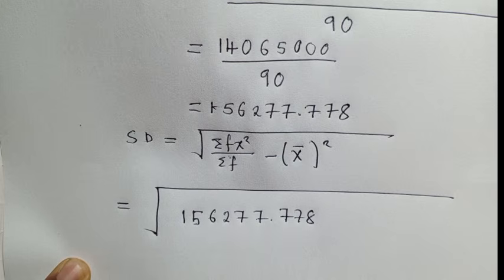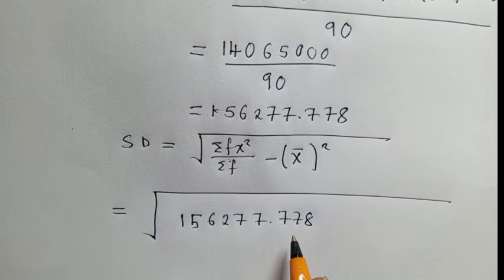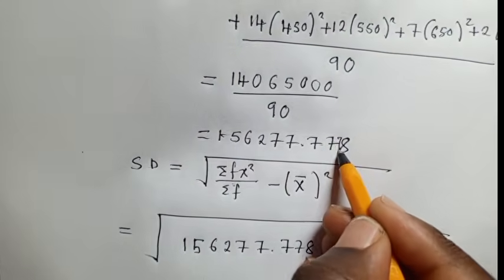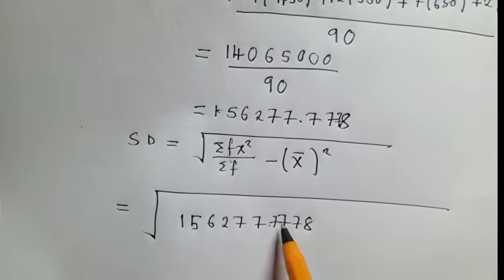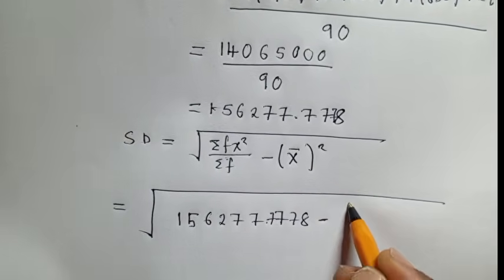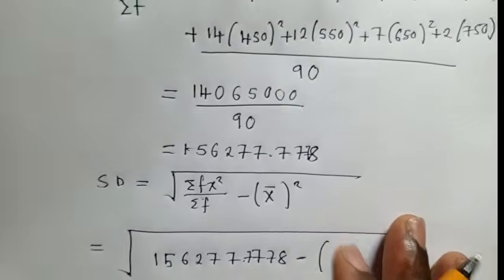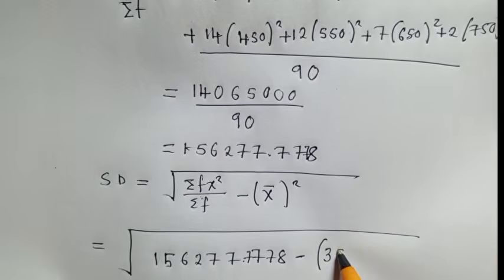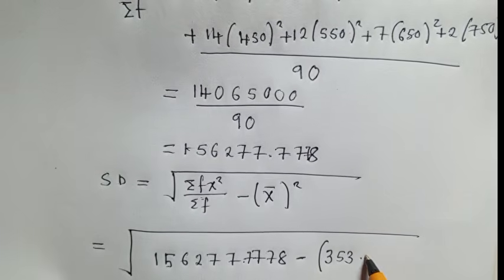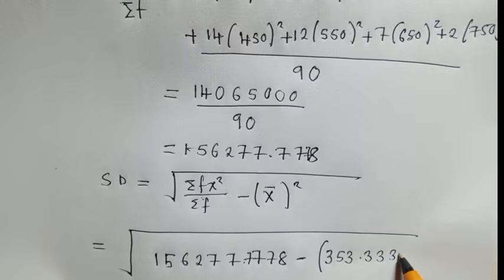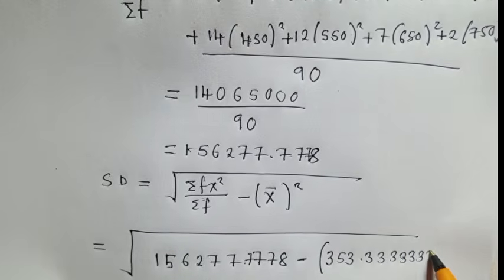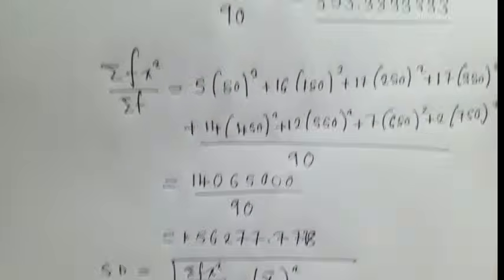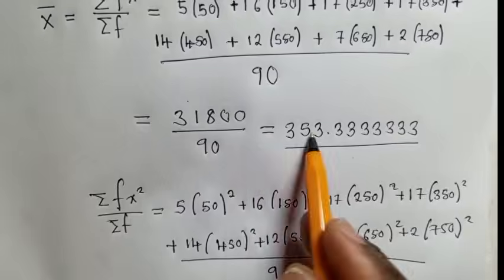And actually there is another 7 here. There is a 7 missing here. We're supposed to have 3 7s. And then we say minus the mean. We found the mean to be equal to this right over here. So this is the mean over here.